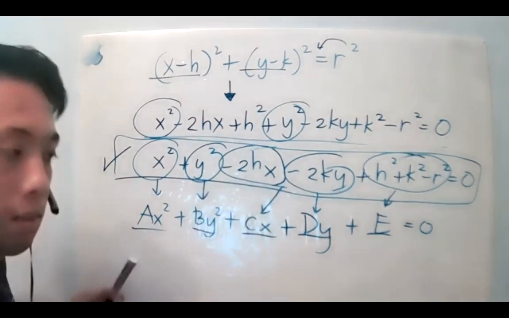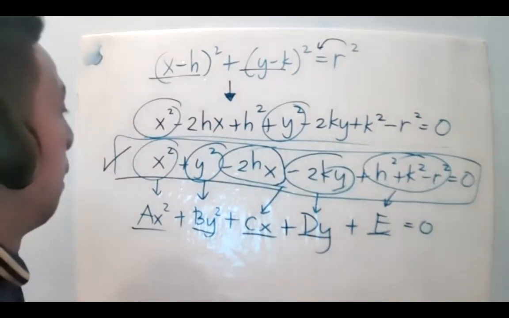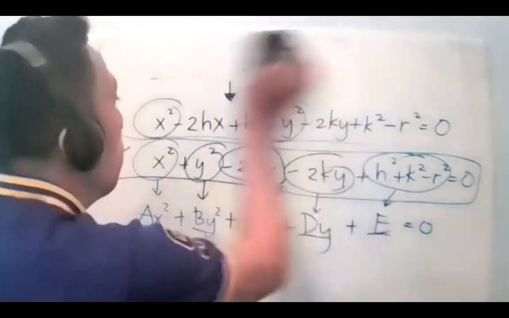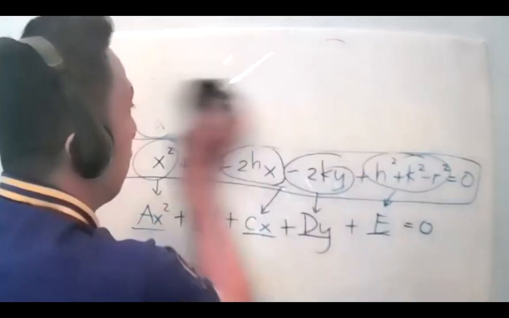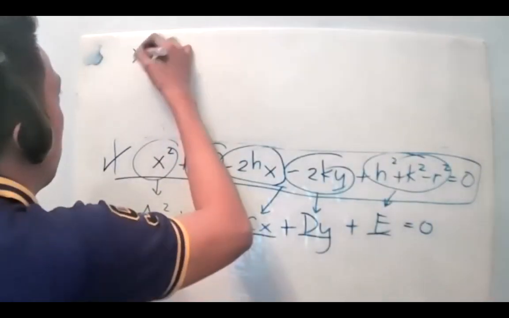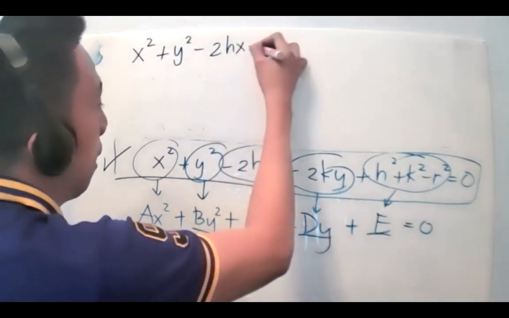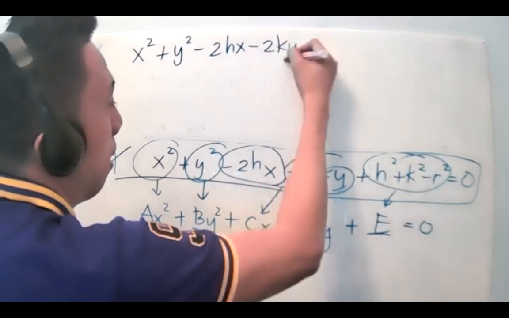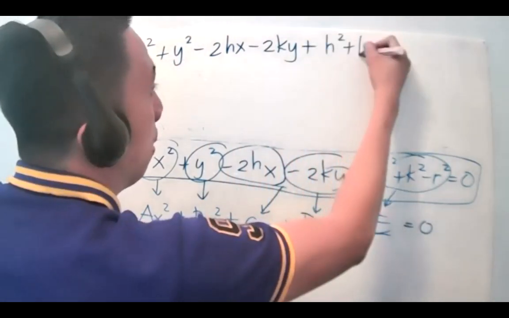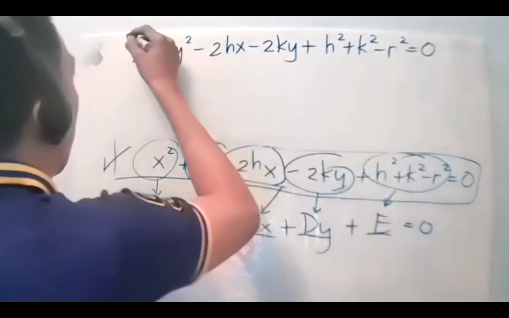Okay? Now, let's apply. Let's do some examples. I will erase this. I will copy the formula above so we don't forget it: x squared, y squared, 2hx, 2ky, h squared, k squared, r squared, 0.